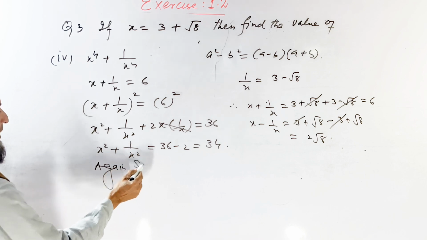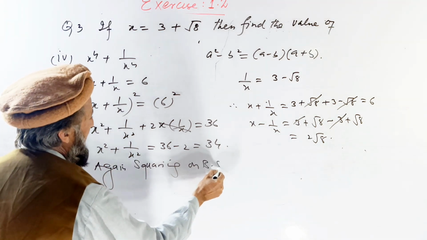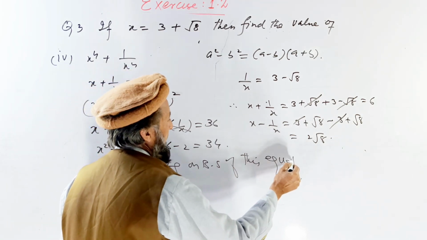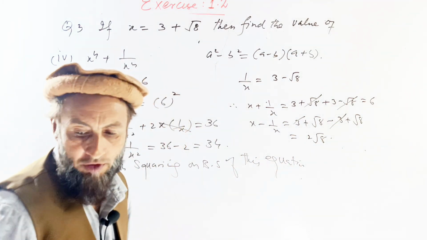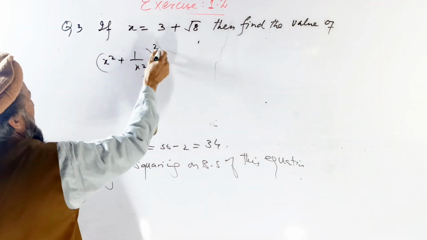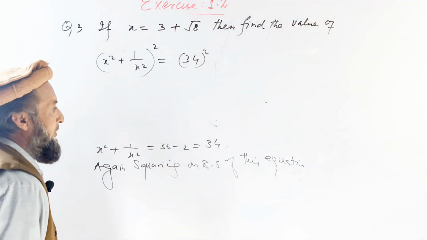Now for x to the power 4, again squaring on both sides of this equation. If we take the square of this equation, (x square plus 1 over x square) whole square is equal to 34 whole square. So 34 whole square is required.